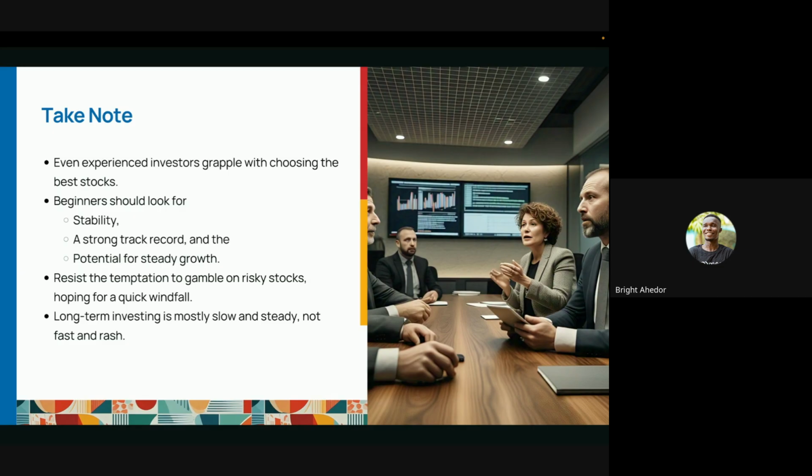The next thing is that you want to make sure that the stock has a strong track record. For instance, if you are choosing Coca-Cola, you want to believe that Coca-Cola has been doing well fairly. The prices don't change that much. When you look at the graph, historically, it's been fairly stable. And so you want to bet on that.